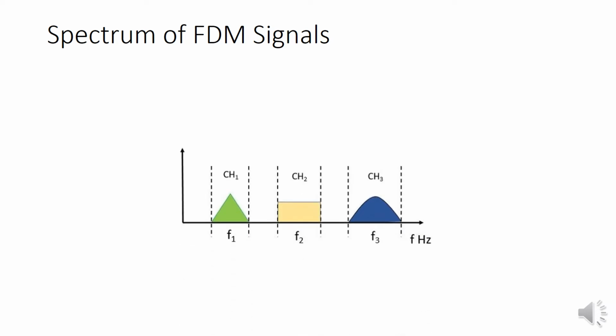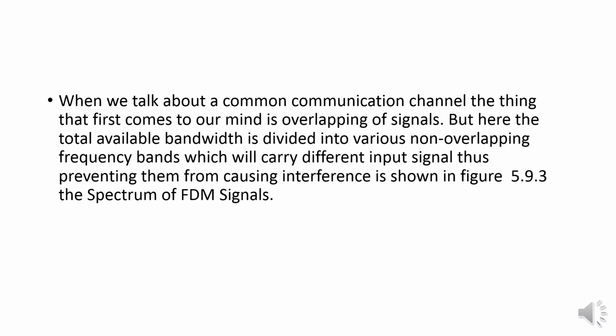Next we are going to see the spectrum of the FDM signal. Here we have the frequency axis, and a particular frequency is allotted to a particular channel. When we talk about a common communication channel, the first thing that comes to mind is the overlapping of signals. Here the total available bandwidth is divided into various non-overlapping frequency bands, which carry different input signals.